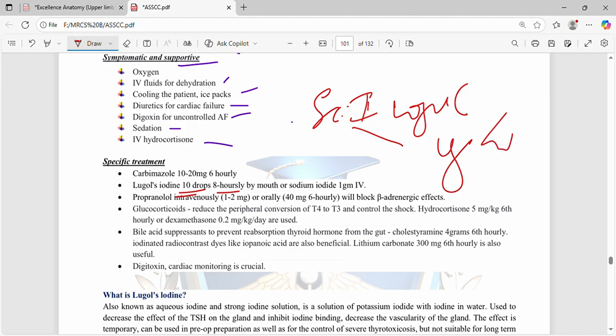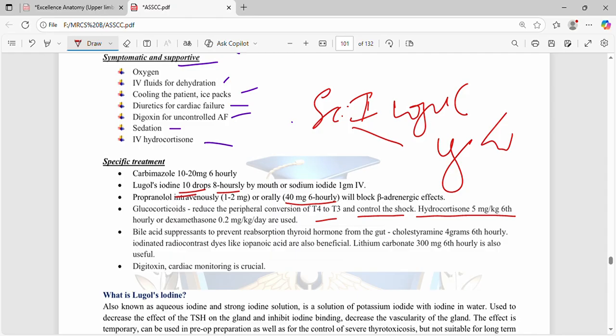Propranolol intravenously 1 to 2 milligram or orally 40 milligram 6 hourly will block the beta-adrenergic effects. Glucocorticoid reduces peripheral conversion of T4 to T3 and controls the shock. Hydrocortisone 5 milligram per kg 6 hourly or dexamethasone 0.2 milligram per kg per day are used.